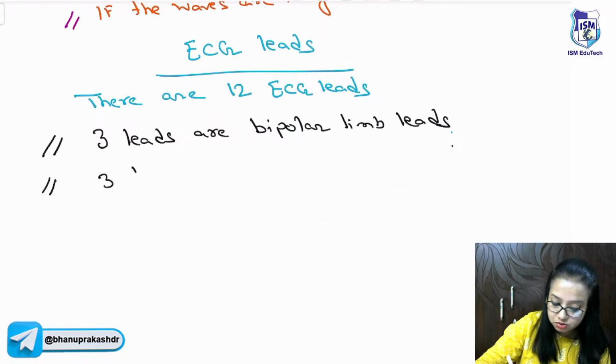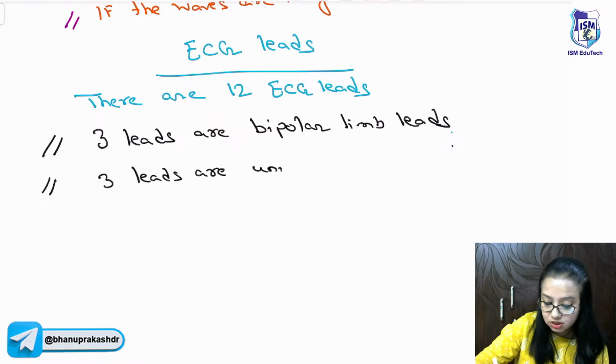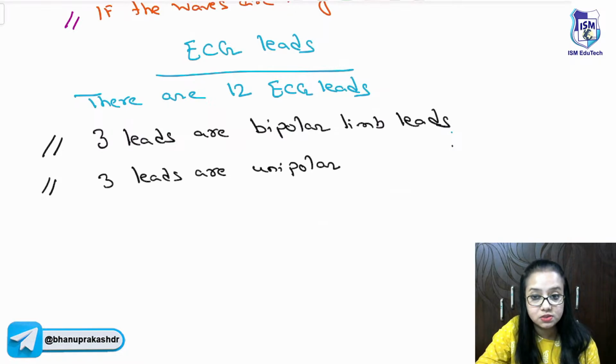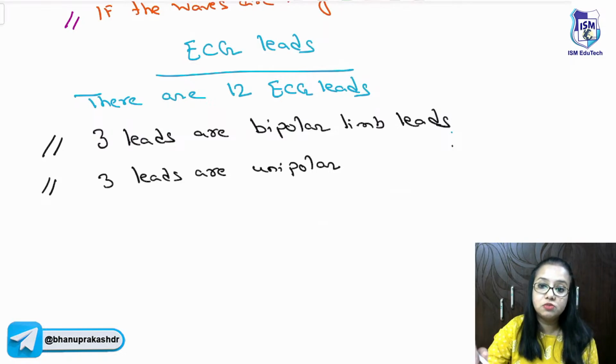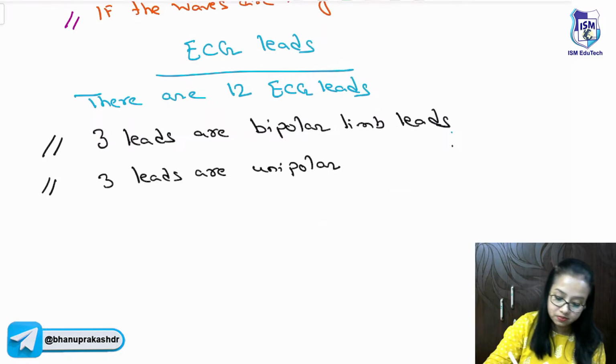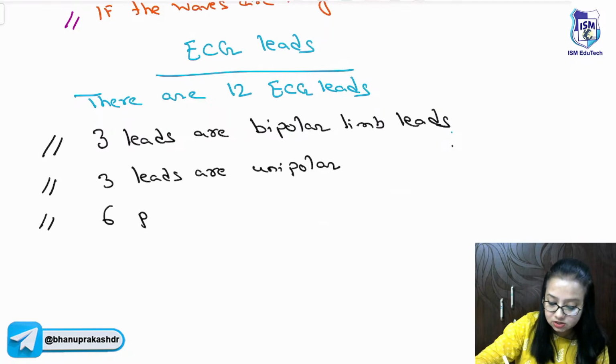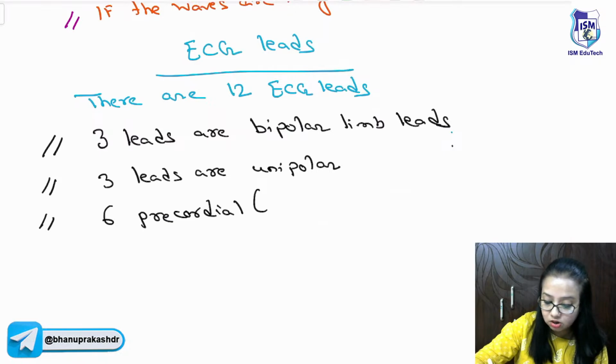Another 3 leads are unipolar leads. What do unipolar leads mean? Only one electrode will be connected and the other one will be an indifferent electrode. After that, what we have are the 6 precordial or chest leads.